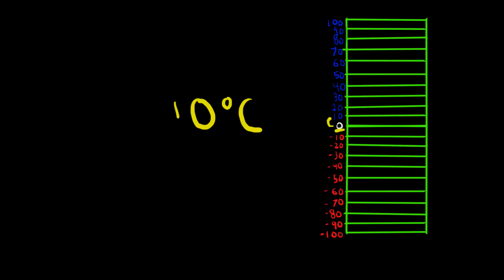It could be as warm as 10 degrees Celsius. It could be as warm as 20 degrees Celsius. Or 30. Or up to the boiling point, in which water boils. So 100 degrees Celsius. I cannot draw today. 100 degrees Celsius is the point at which water is about to boil.